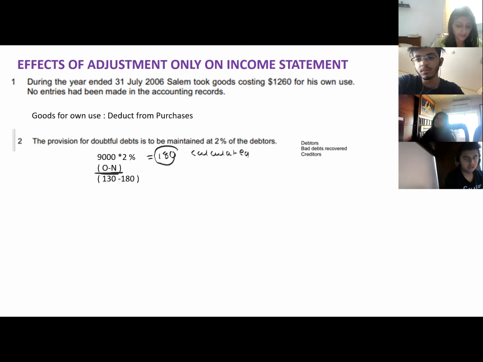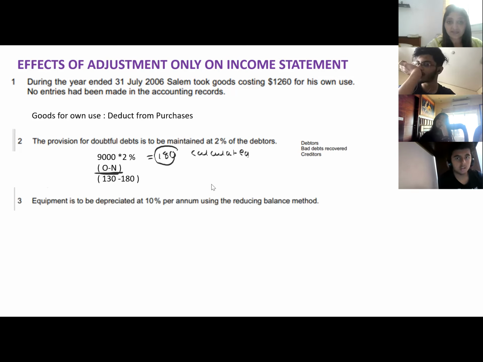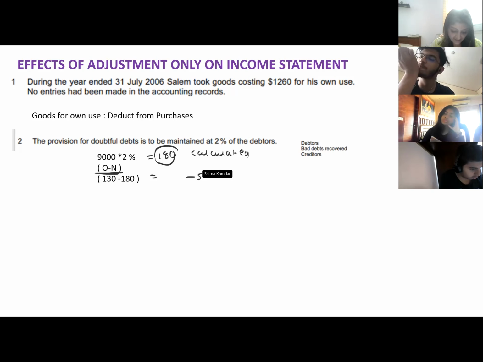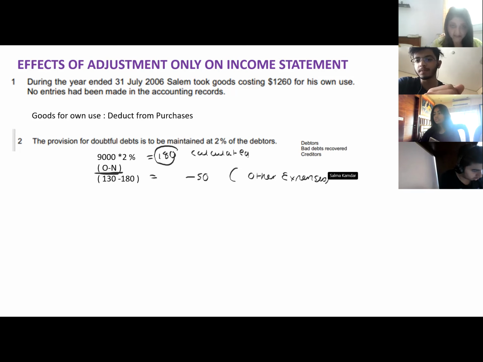Now put it in the equation, old minus new. 130 minus 180. What is the answer, positive or negative? Negative. The answer is minus 50. Minus 50 will come in other expenses.